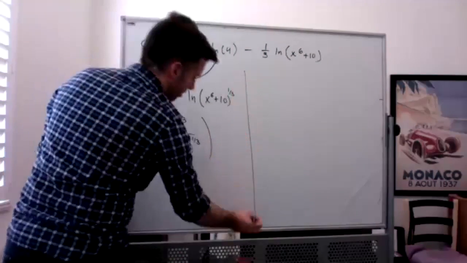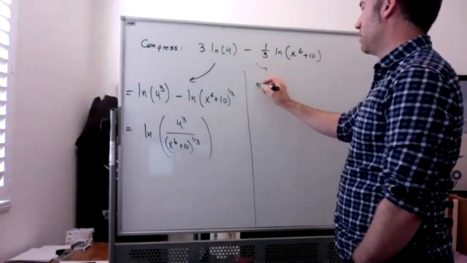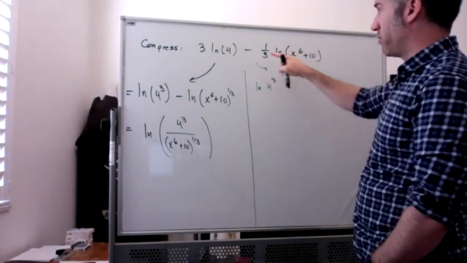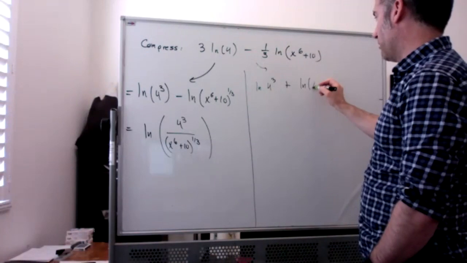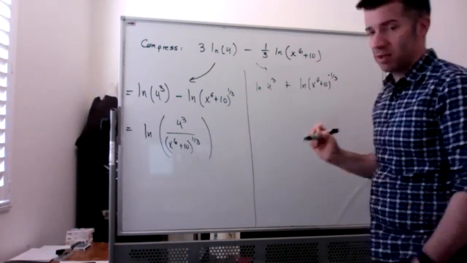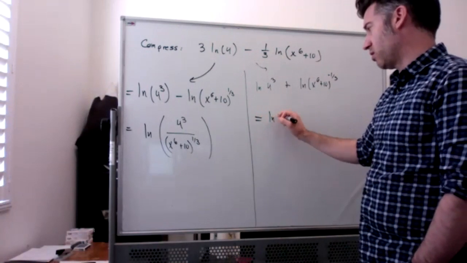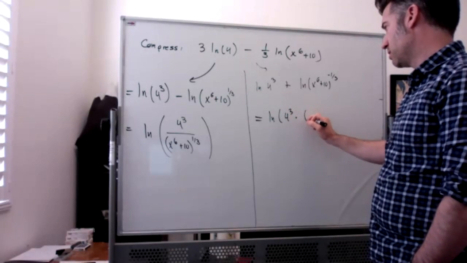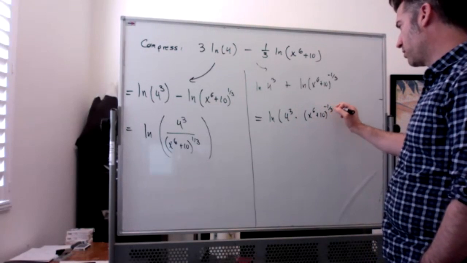However, you could also do it like this. You can say, I'm going to write this as the natural log of 4 cubed plus, I'm going to bring up the negative 1/3 as a power. The natural log of x to the 6th plus 10 to the negative 1/3 power. It's also a valid way of doing it. And then you could rewrite this as the natural log of 4 cubed times x to the 6th plus 10 to the negative 1/3.